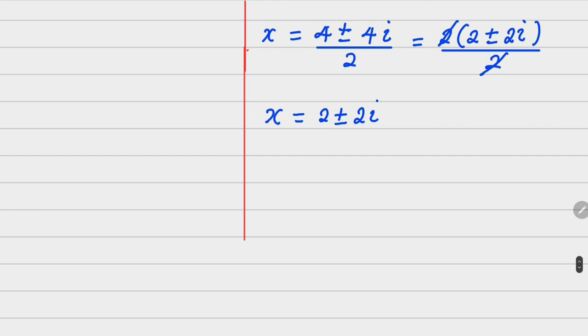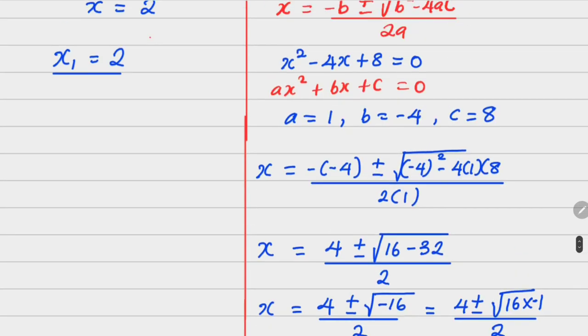So I can basically say that my x2, because we found x1 already, is going to be 2 plus 2i, and my x3 will be 2 minus 2i. Don't forget, my x1 as calculated above is equal to 2.